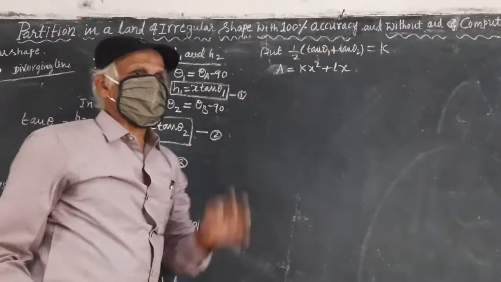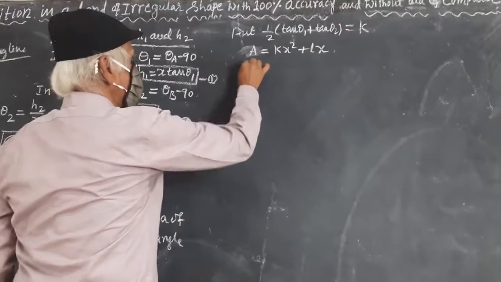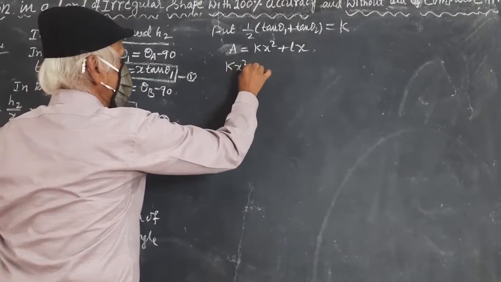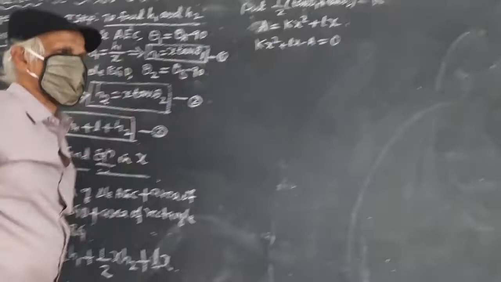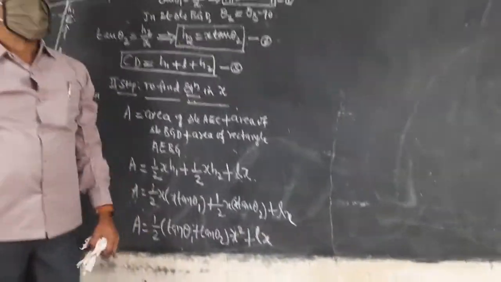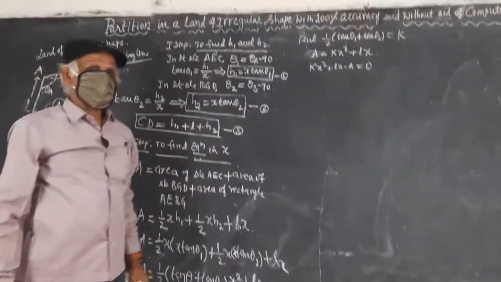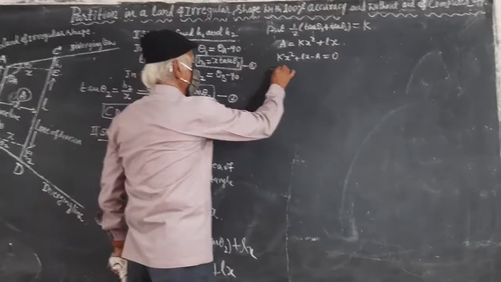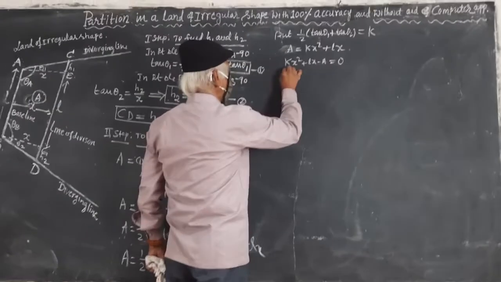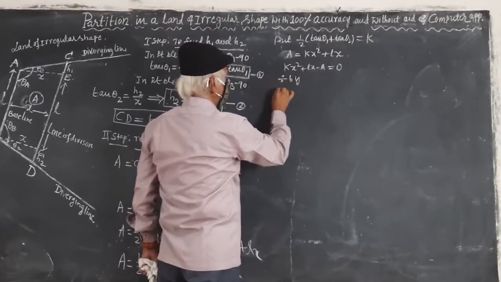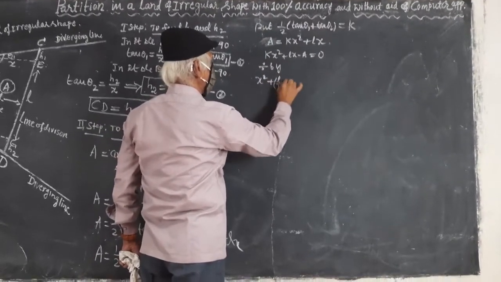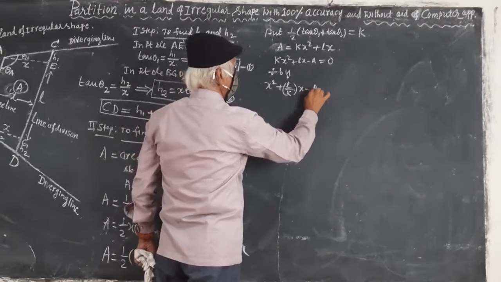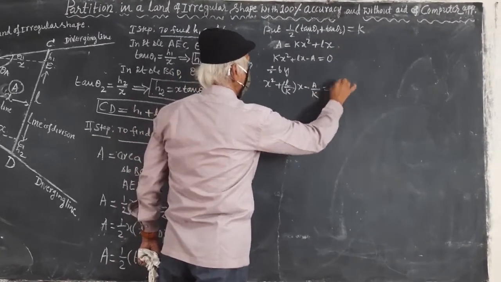Now transpose A to the right side and rewriting, one gets the equation KX square plus LX minus A equal to 0. Now divide the entire equation throughout by K. So the above equation becomes X square plus L by K into X minus A by K equal to 0.